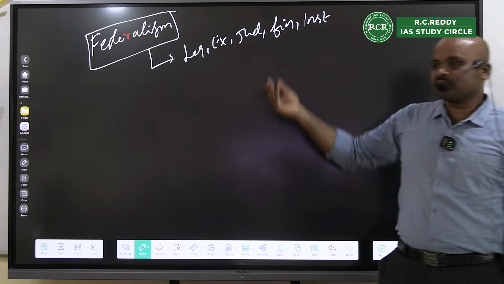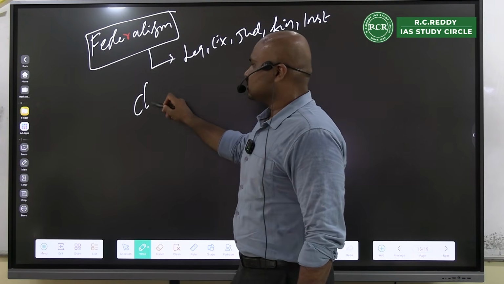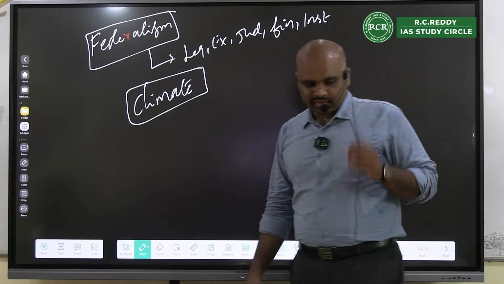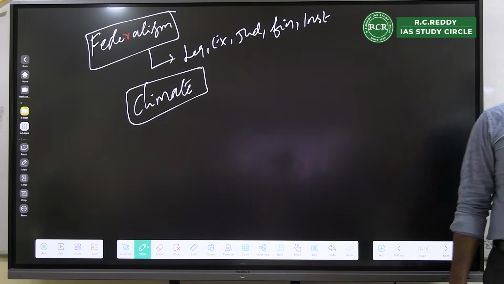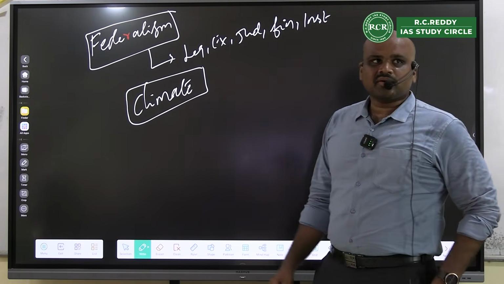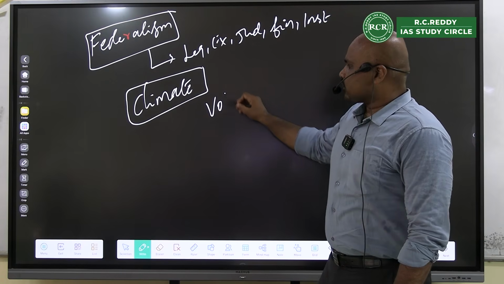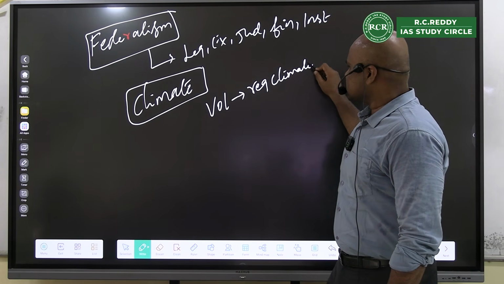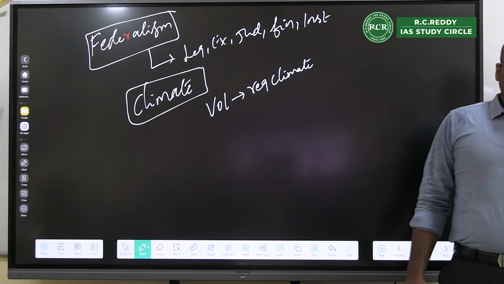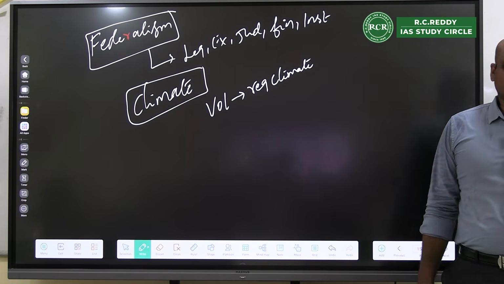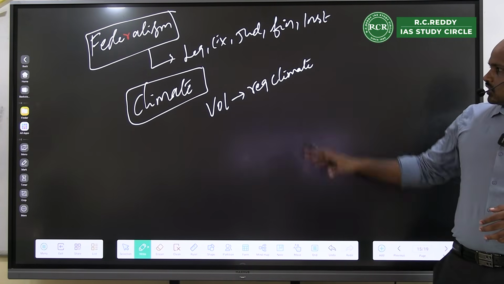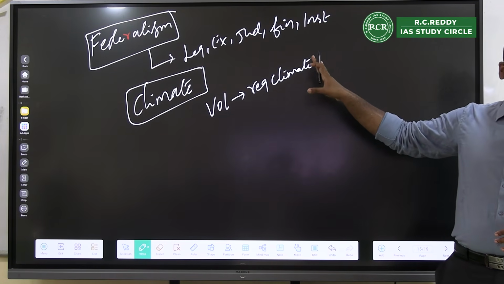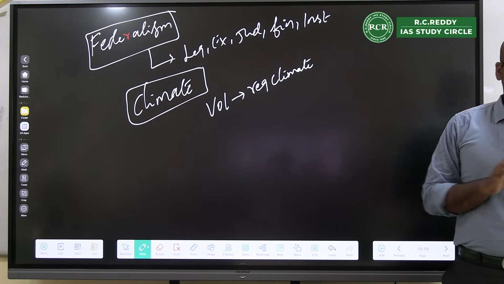federalism. Now suppose I am writing something with respect to climate. For example, if you remember 2021, there was one question asking what is the impact of volcanism on respective regional climate. That was a 15 marker. When I say the impact of volcanism on regional climate, all of us started dumping the answer.